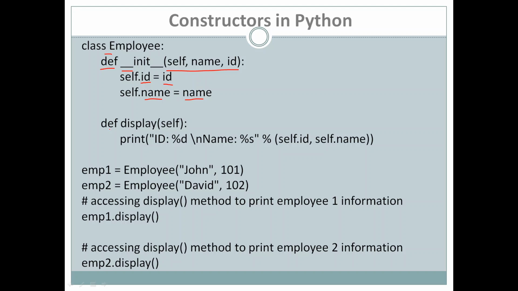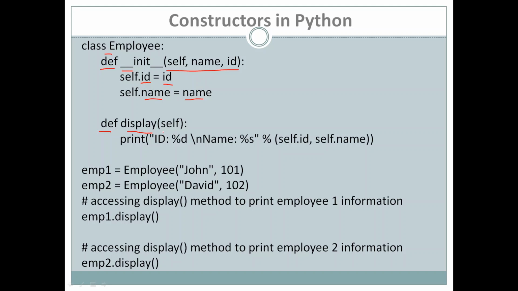Okay, then we have one more function in the Employee class, def display. The display function is not a special function because this function does not begin with double underscore, but in case of init it begins with double underscore, so that is a special function.